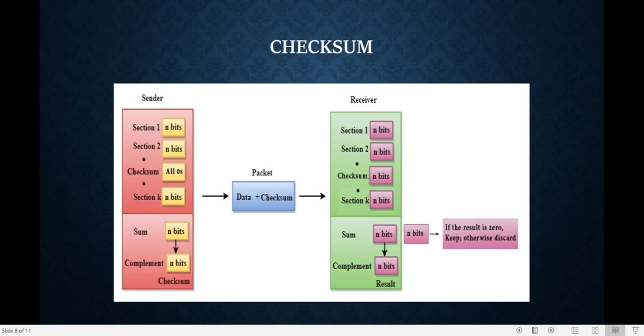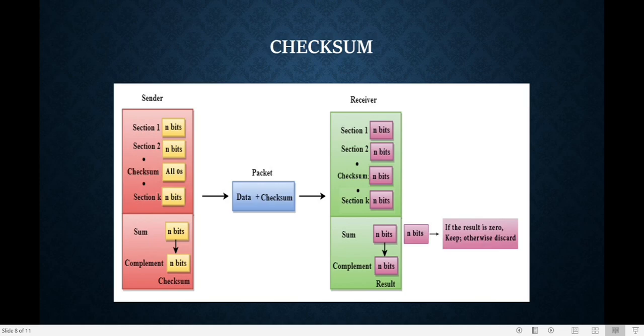Now see the diagram of checksum detection. Firstly, the data is divided into k segments of m bits each. On the sender side, the segments are added using ones complement arithmetic and we get the sum. The sum is complemented to get the checksum.